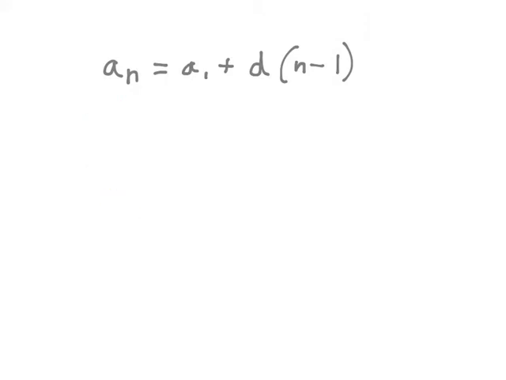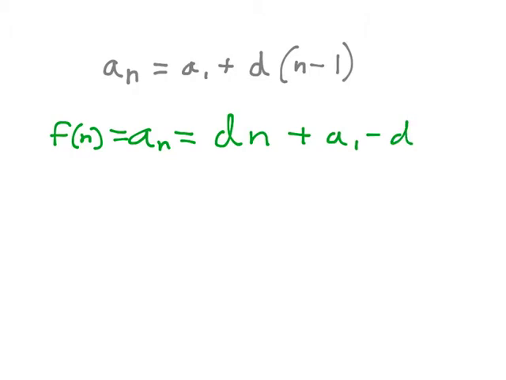So we have our function of n, which we call a sub n, and that is going to be equal to, if we distribute n minus 1, dn plus a1 minus d.